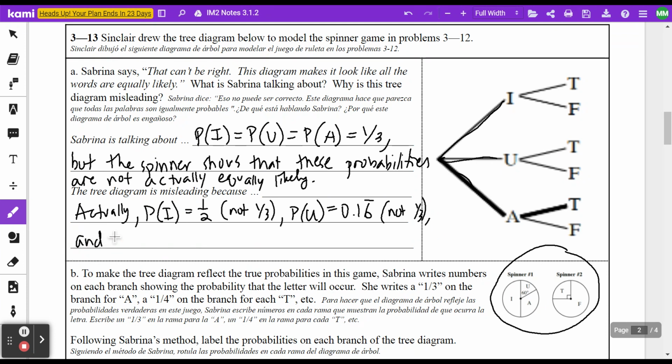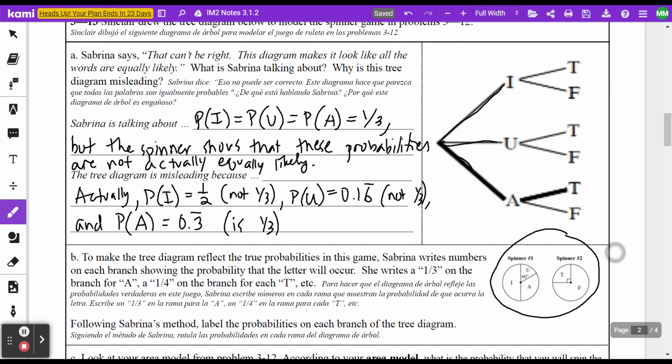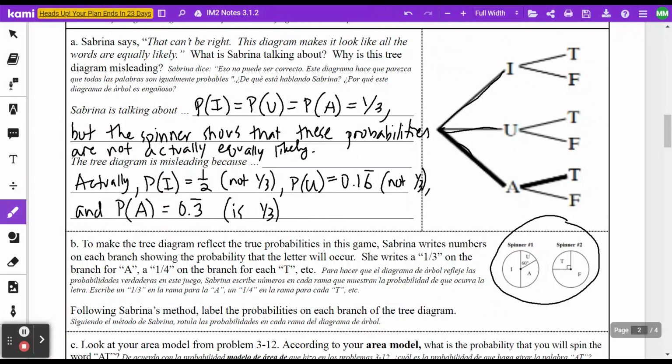And the probability of A was 0.3 repeating, which is 1/3. So the tree diagram doesn't have all the information in it. That said, tree diagrams are useful, and that's what this lesson is really about.